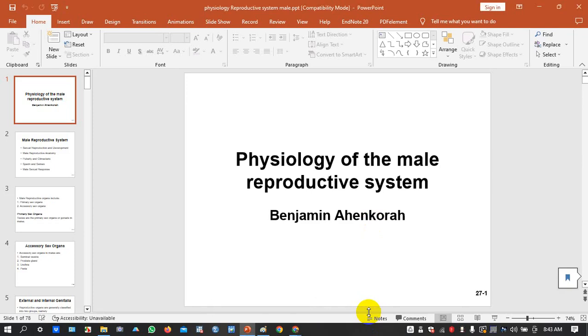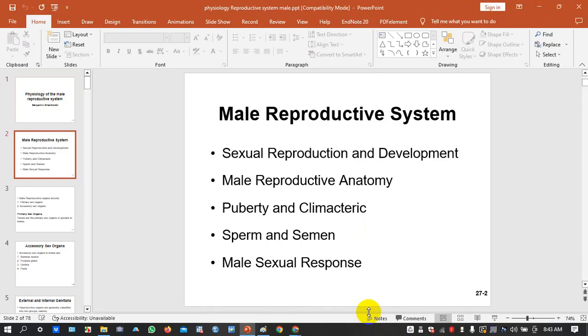Physiology of the male reproductive system. So we'll be looking at sexual reproduction development in males, male reproductive anatomy, puberty and climacteric.